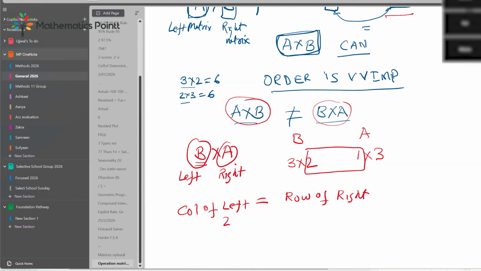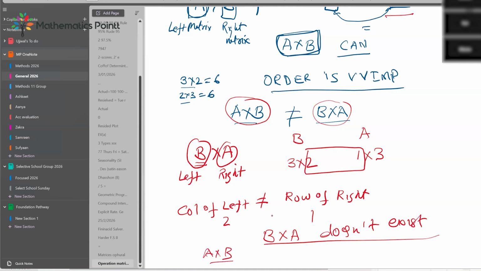The columns of the left matrix is 2 and the rows are 1, which means they are not equal, which simply means that B cross A does not exist, even when A cross B already exists.